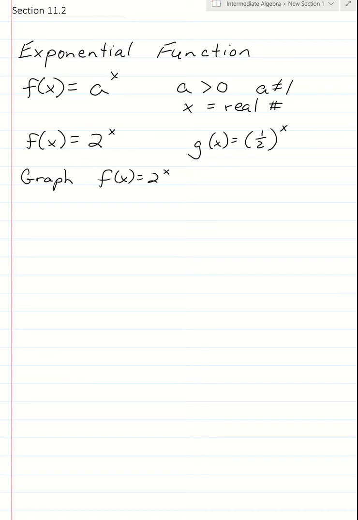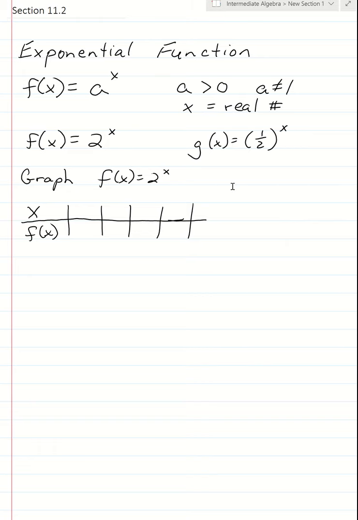And when we make a graph, what we're going to do is create a table of values, x and f of x. And we're going to try to come up with, I would say, 5 values of x. And then we will substitute them into our function.